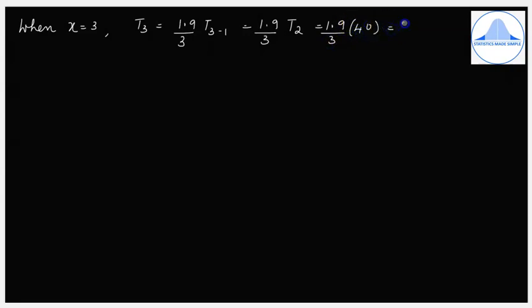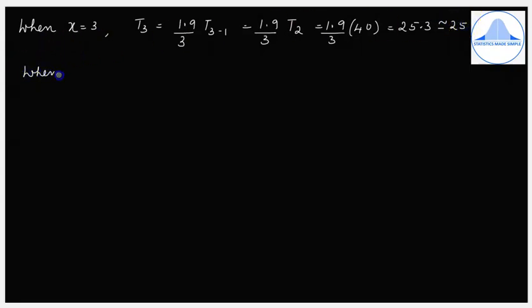So now when x is 3, I'll find out what is the theoretical frequency. When x is equal to 3, T3 is equal to 1.9 divided by 3 into T3 minus 1, which is 1.9 divided by 3 into T2. T2 we had got the value as 40. So this simplifies to 25.3 and you approximate to a whole number, that is 25.